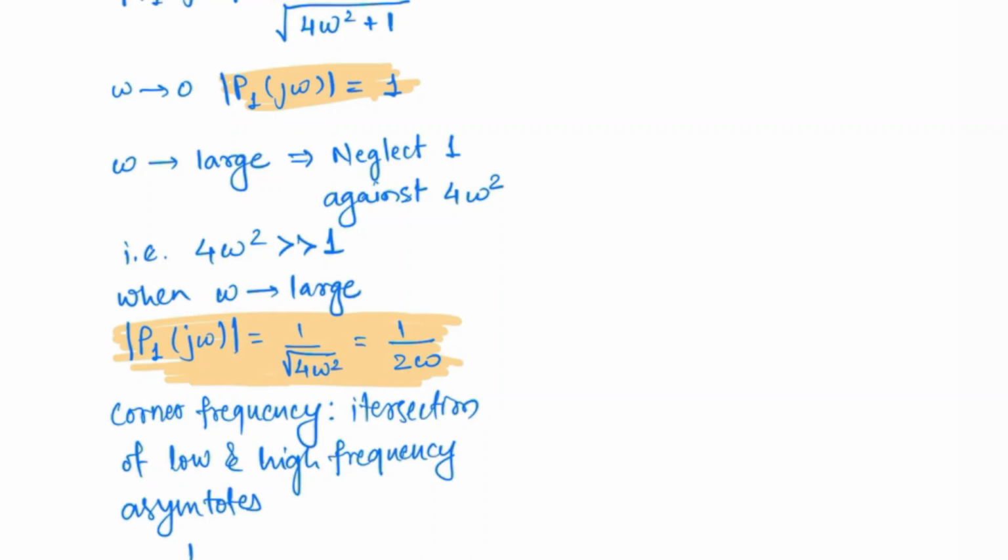So 1 over 2 omega equals 1. That means omega equals half radian per second. This is the corner frequency.